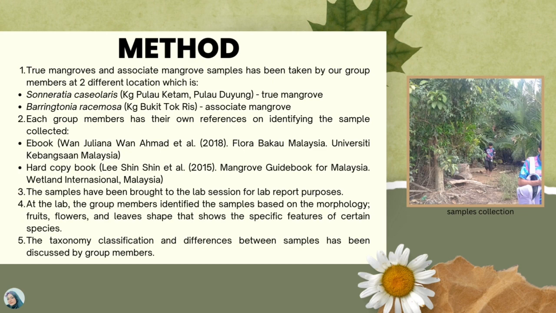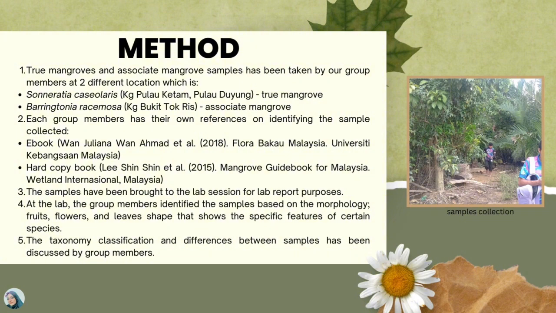The sample of Sonneratia caseolaris was collected at Kampung Pulau Ketam, Pulau Duyung. For the associate mangrove, Barringtonia racemosa, our group collected the samples from Kampung Bukit Tok Ris. Both are from Kuala Terengganu.